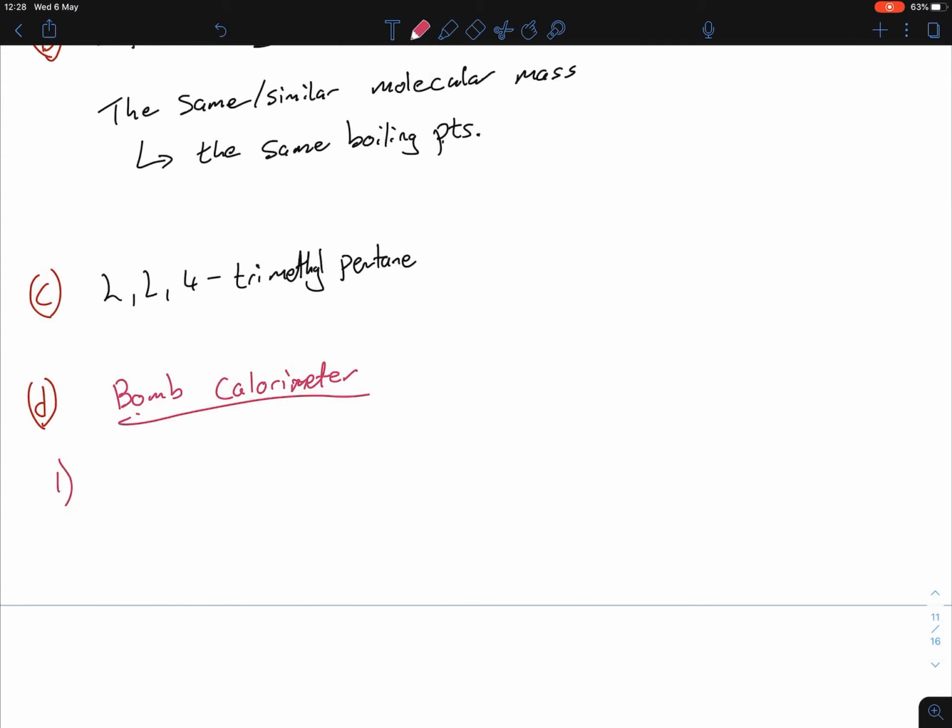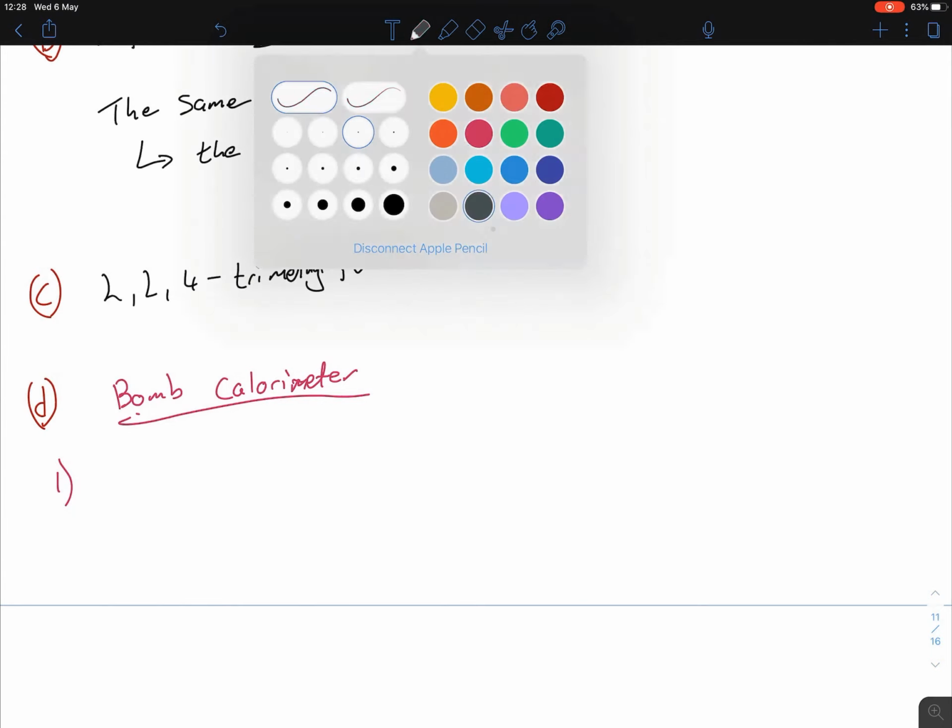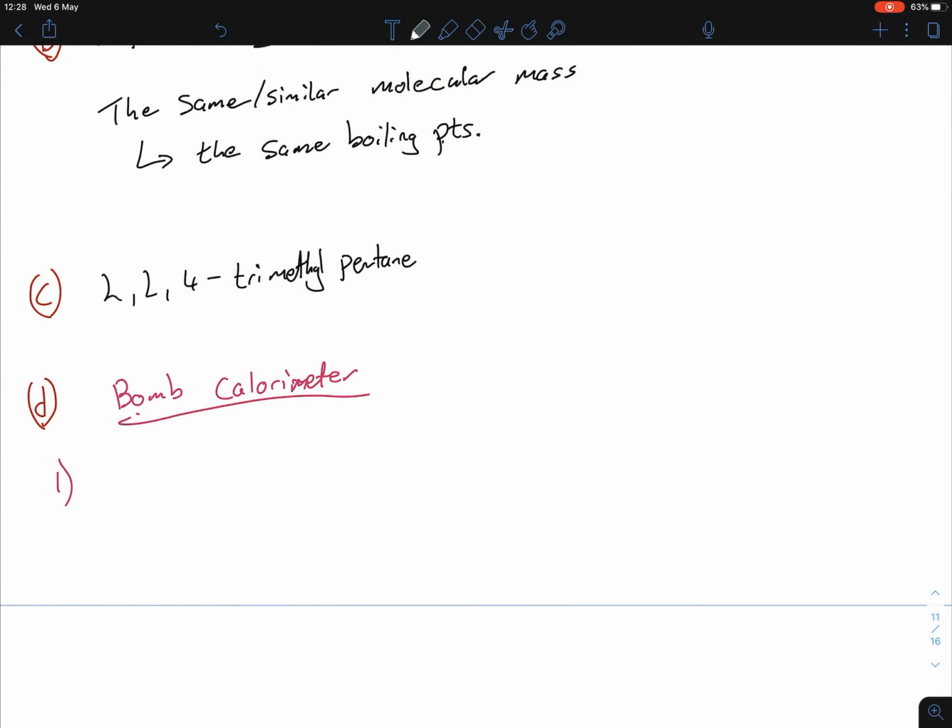Step 1. I just break them up into steps. And again, don't overcomplicate these. Place a known mass of your substance, it could be anything, foods for that matter, to figure out the calories and so forth, into the bomb calorimeter.